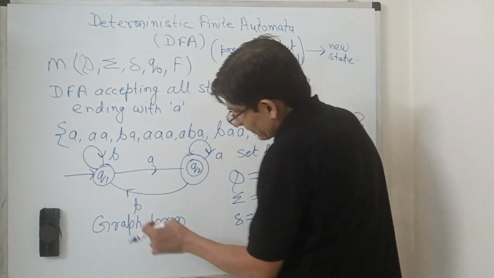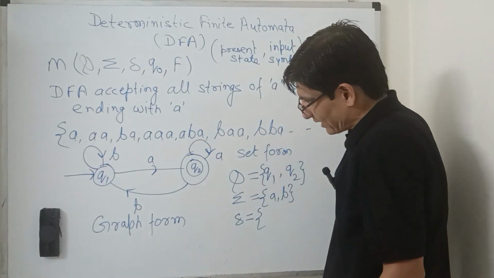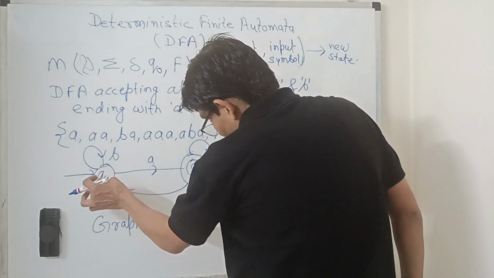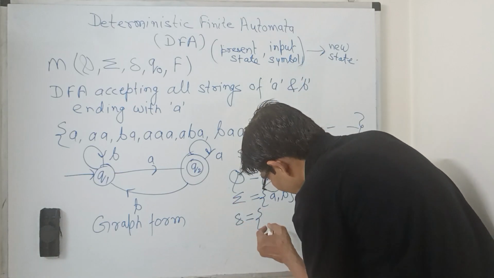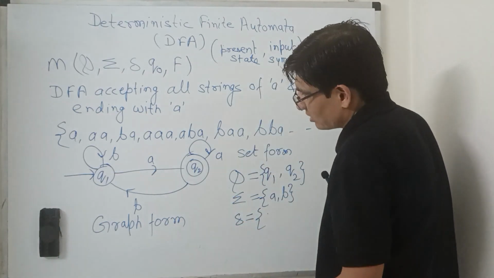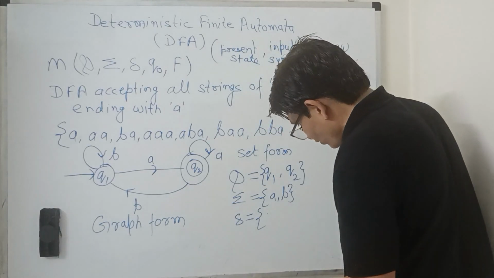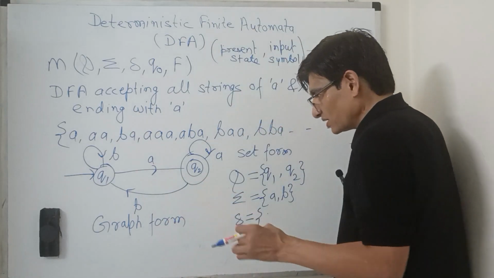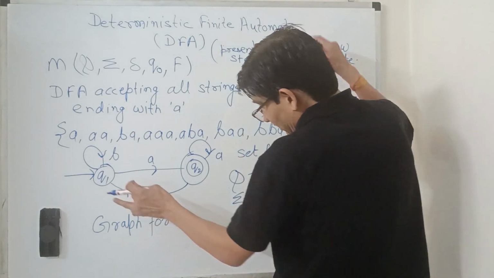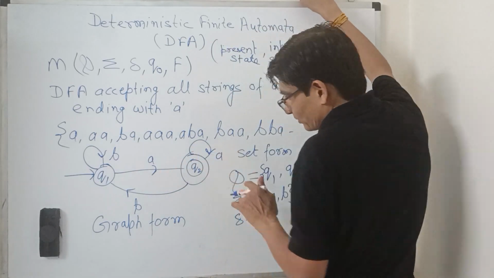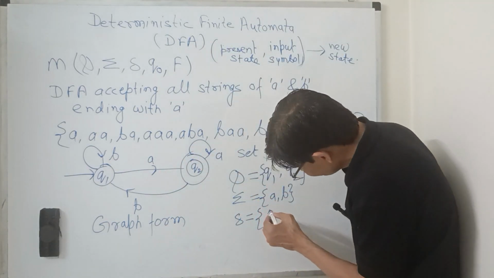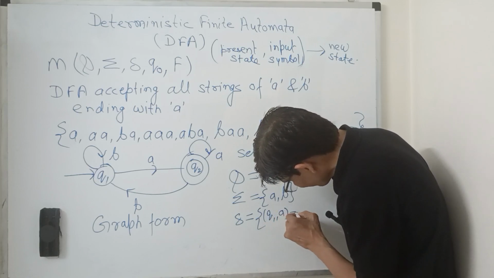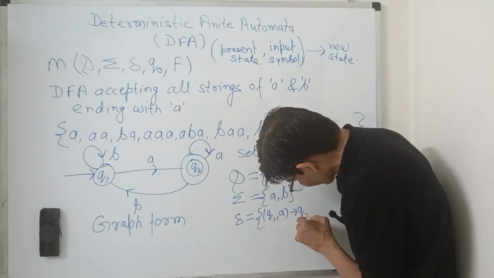Now for Q1 we have one transition for A and one transition for B. On Q1, if we get A, then we move to Q2.